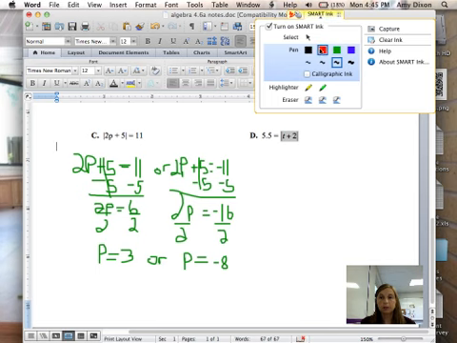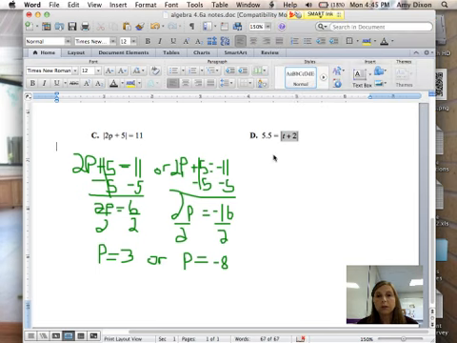All right, so let's look at the next example here. We have 5.5 equals the absolute value of t plus 2. Now, I know some of you like to have the variable on the left. You can go ahead and do that. We can say t plus 2 equals a positive 5.5, but it can also equal a negative 5.5.